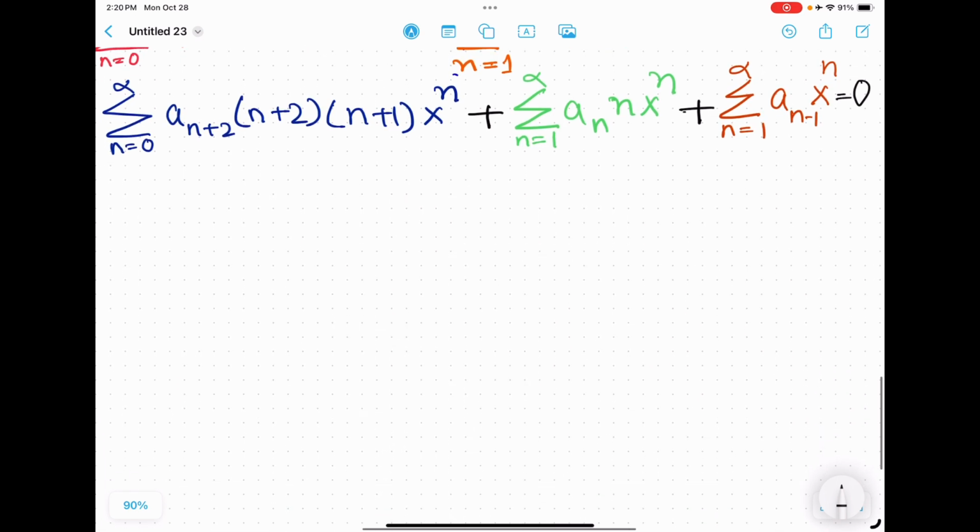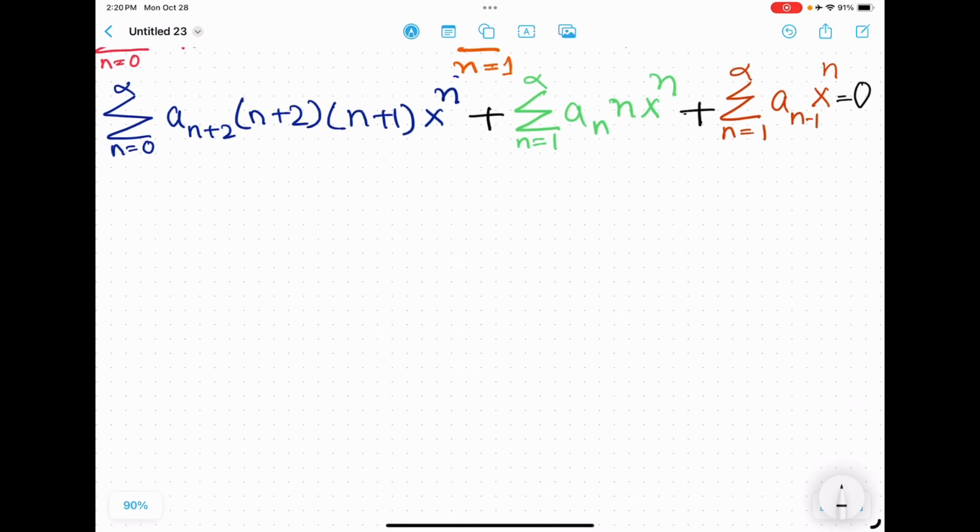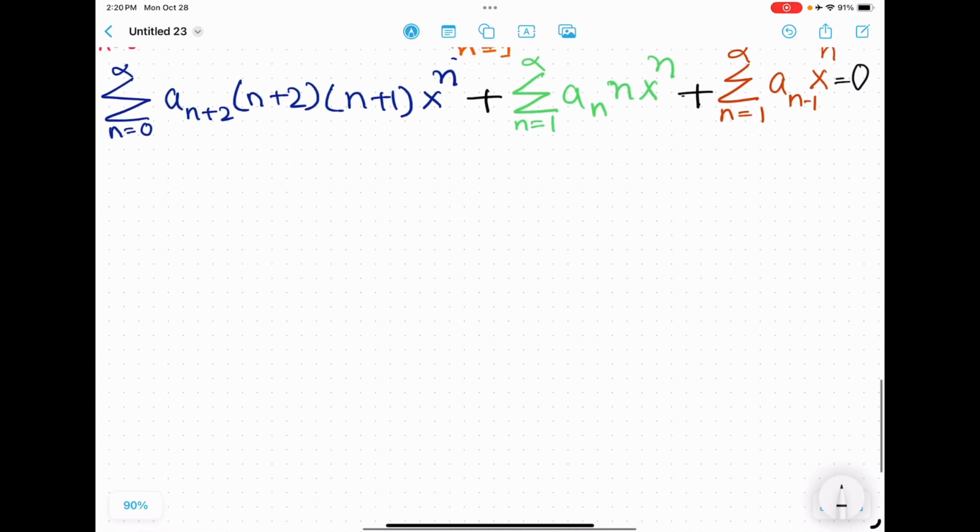As you can see, this is how our differential equation looks right after we completed our second step, which was making sure that all my powers of x are n. Now my third step is to make sure that all of them start from the same index.